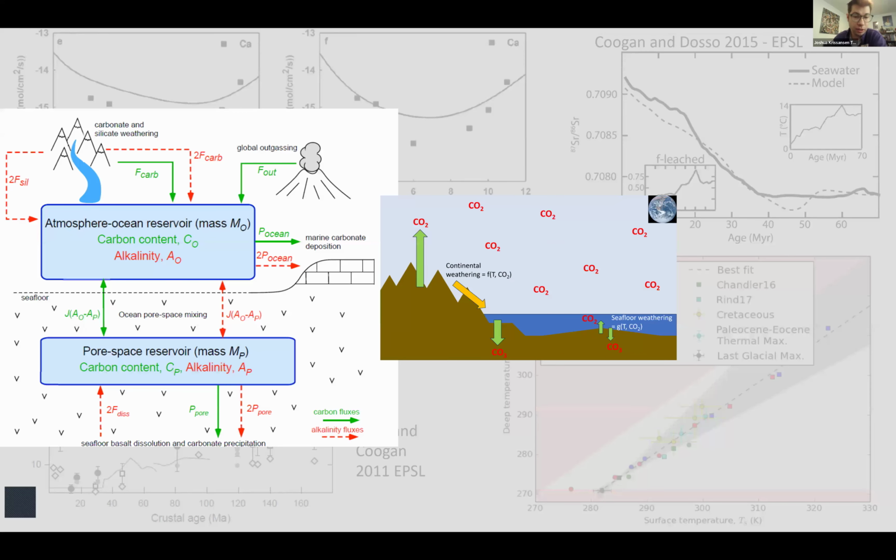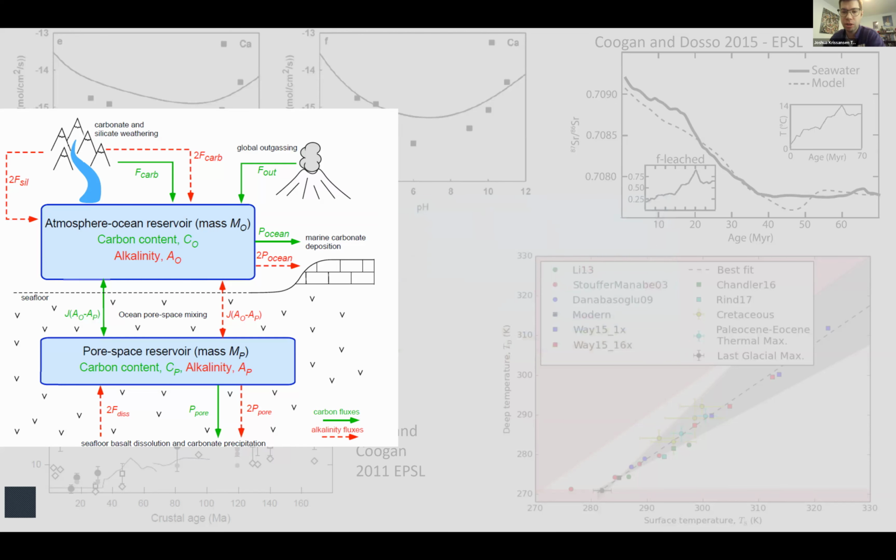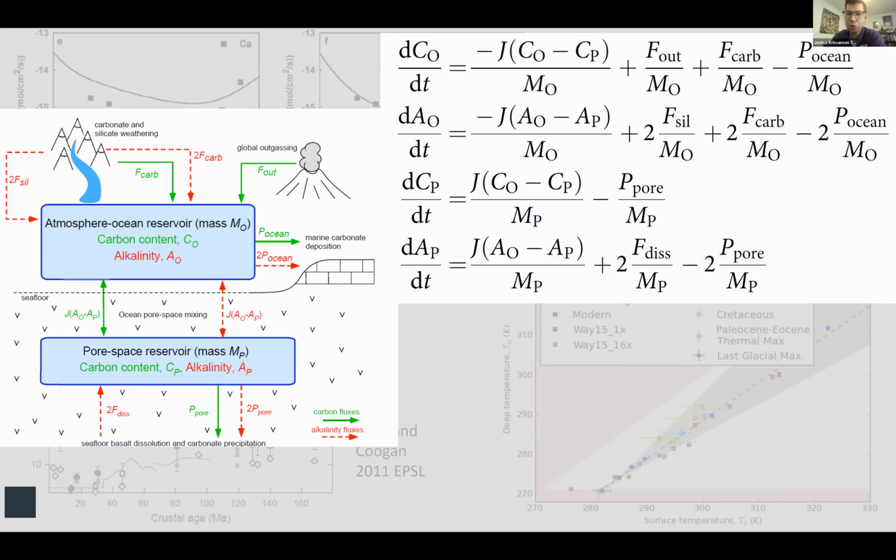So this is what we did. This is a very simple model of the carbon cycle, tracking fluxes of carbon and fluxes of alkalinity in and out of the atmosphere-ocean system, as well as in and out of the pore space of oceanic crust. I just put these equations up here to show that there's really no magic here.